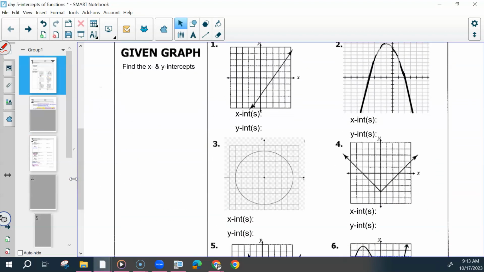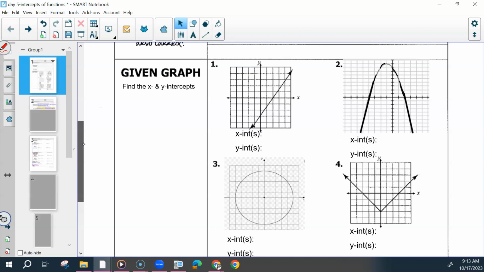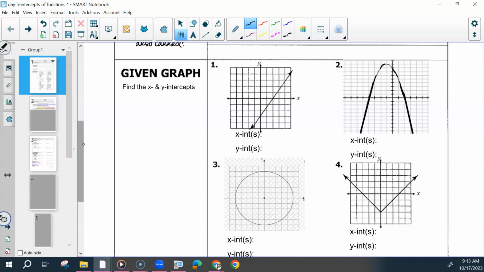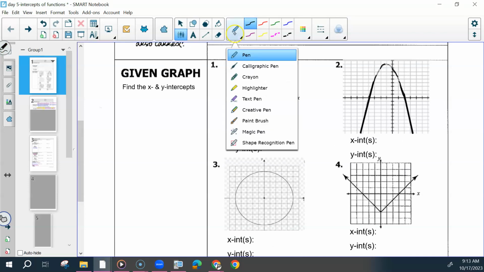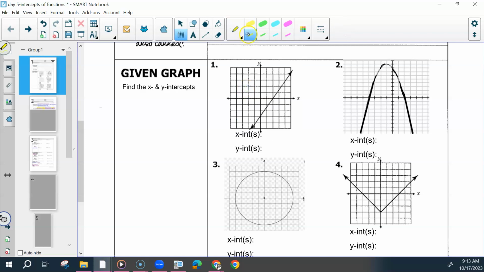So we're going to try some of these examples. Your number 2 and number 3 don't match mine, so look at yours, don't look at mine. But we're going to start with number 1, and we're looking for where does this line cross the x and y axis. If it helps you, outline the x and y axis so you don't get it confused or miscount. Where does that line cross the x-axis?